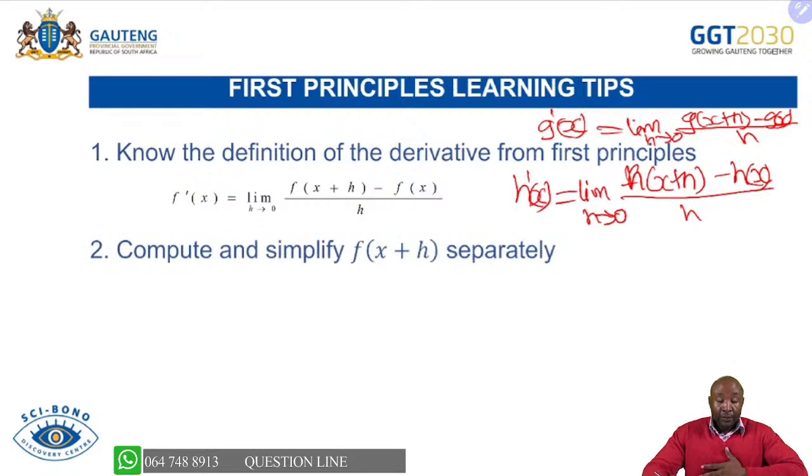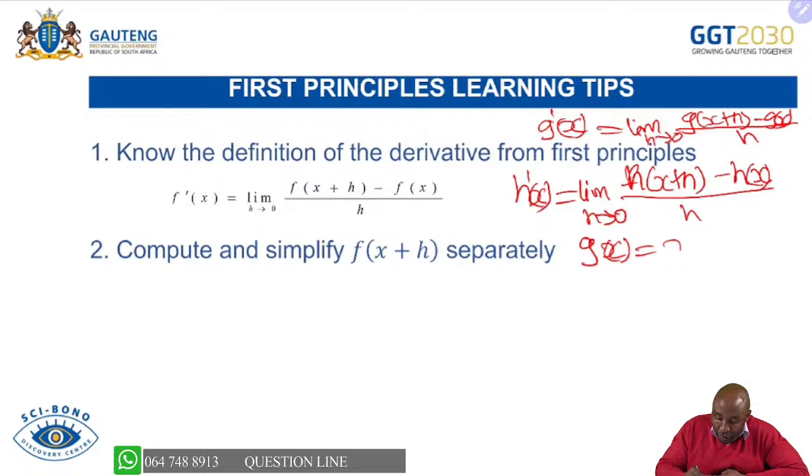Now, for us to evaluate, we need to compute and simplify our f of x plus h first in our function. For example, if they said evaluate the first derivative from first principles of g of x is equal to x squared as an example. Let me use 3x squared. So what does that tell you?